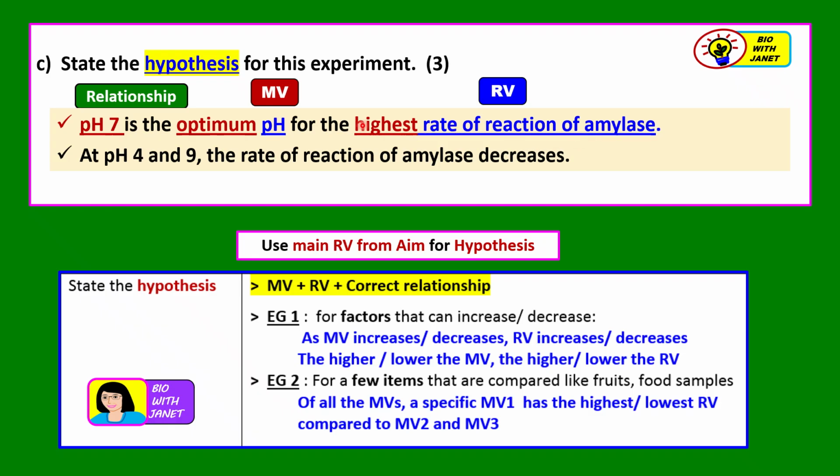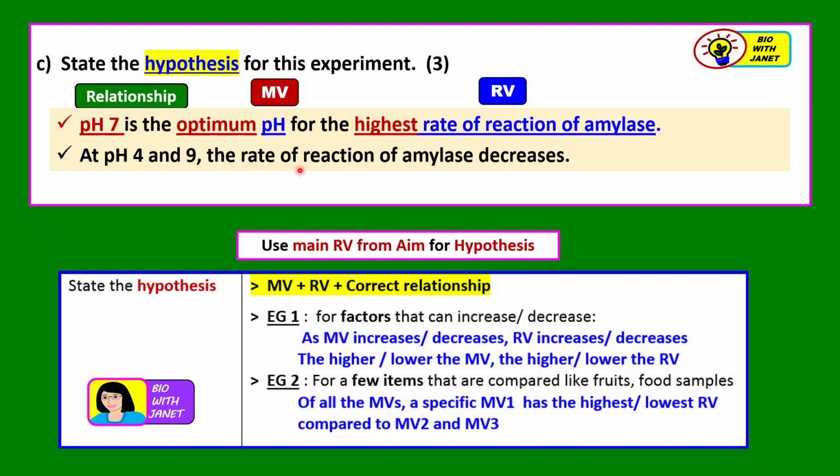Now, let's analyze where our MV, RV and relationship are. The MV is the pH. The RV is the rate of reaction of amylase. And your relationship is that pH 7 is the optimum pH for the highest rate of reaction of amylase. Also mention the other two pH, which are pH 4 and 9.